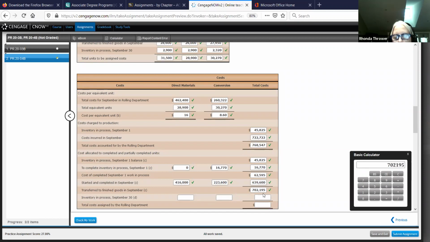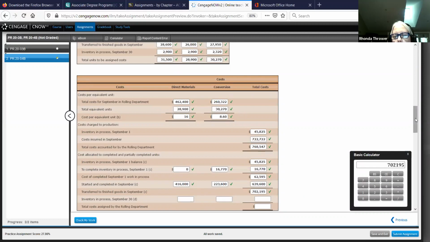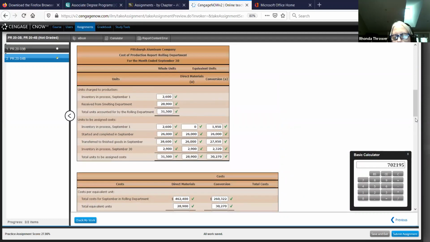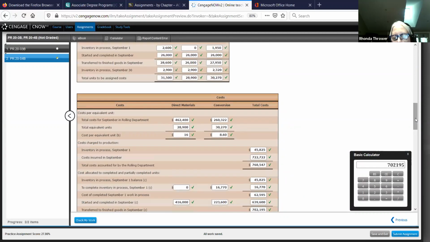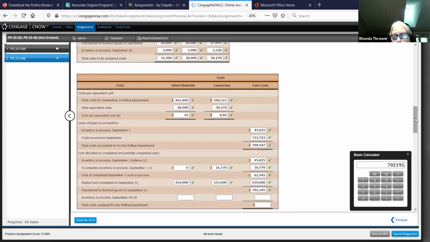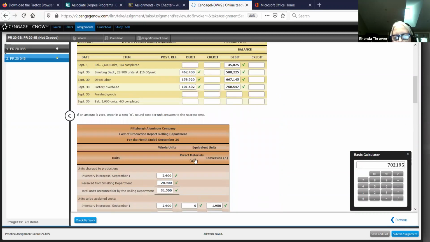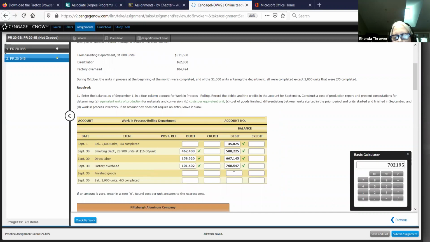Now this is an important cost here. This is what you're going to take out of your work in process account and send to the next department. So the amount was 702,195. This is our finished goods. Our next department is sending it to our finished units. Got to put it in the right column.